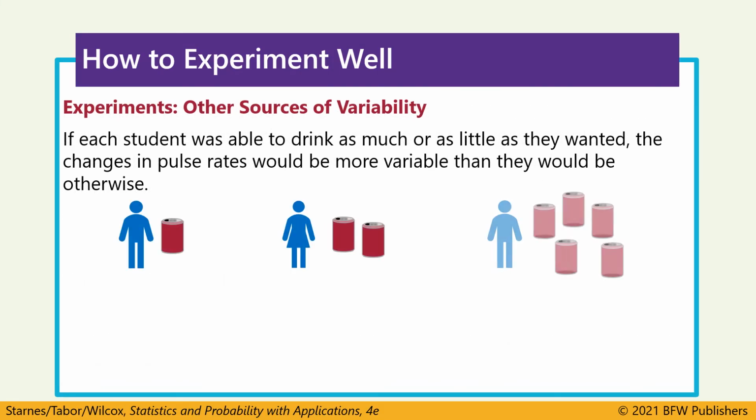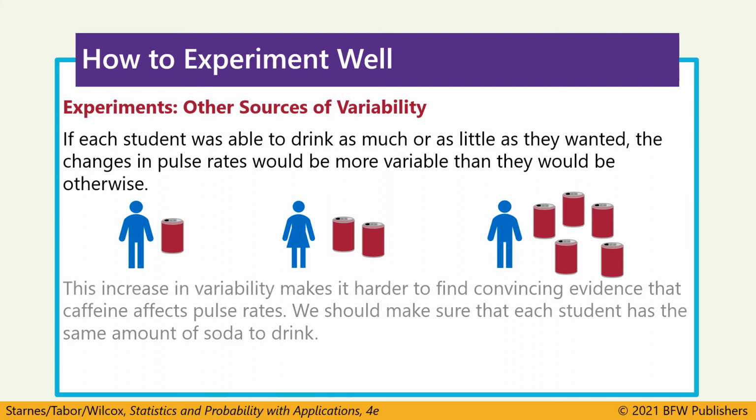The last component of a well-designed experiment is something called control, where we're trying to minimize other sources of variability. So let's say in our experiment, we allowed students to drink as little or as much as they wanted. At the end of the experiment, we record their changes in pulse rates. They would be a lot more variable because some students have drunk a lot more soda, they've ingested a lot more sugar, some ingest more caffeine than other ones.